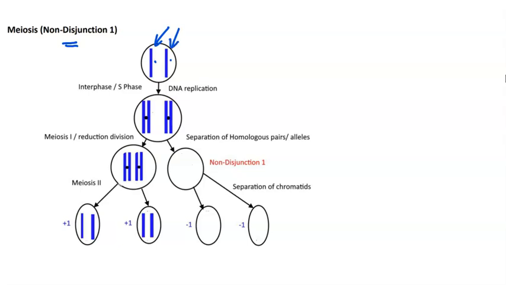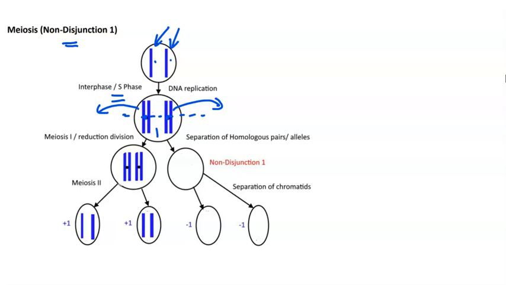And we know that during the S phase, the homologous pairs will replicate and the pairs of chromatids will be held together by the centromeres, and they will be aligned for separation during meiosis 1, so that when cell division occurs, what should happen is that one of the homologous pairs goes towards one pole and the other of the pair goes to the other pole, thereby separating the alleles and the genes.